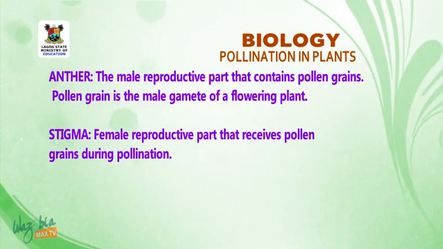Anther is the male reproductive part that contains pollen grains. Pollen grain is the male gamete of a flowering plant. Then we have stigma. Stigma is the female reproductive part that receives pollen grains during pollination.